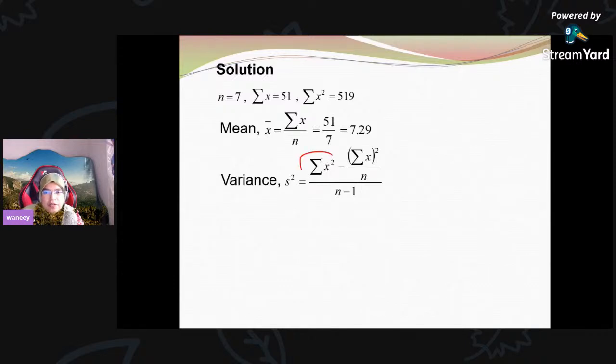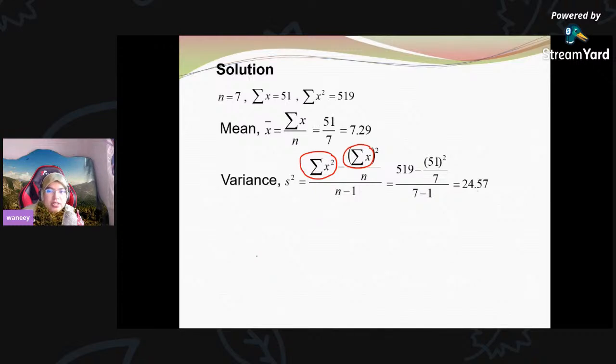The summation of x square is 519, and the summation of x is 51. So we have 519 minus 51 square over 7, over 7 minus 1, which is 6. Calculating the variance, the answer is 24.57.